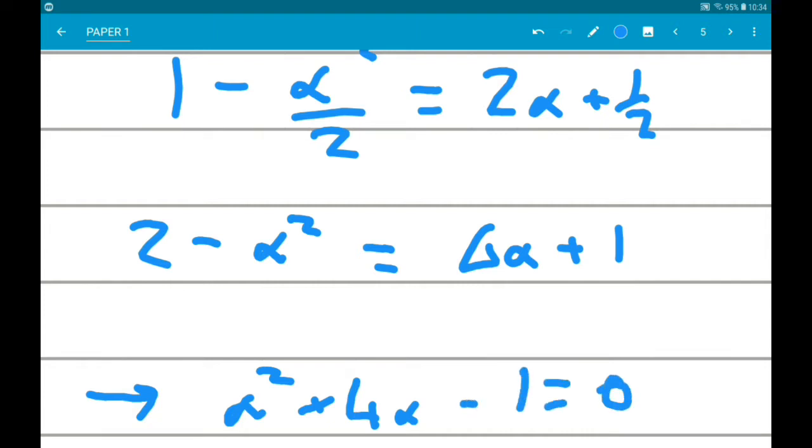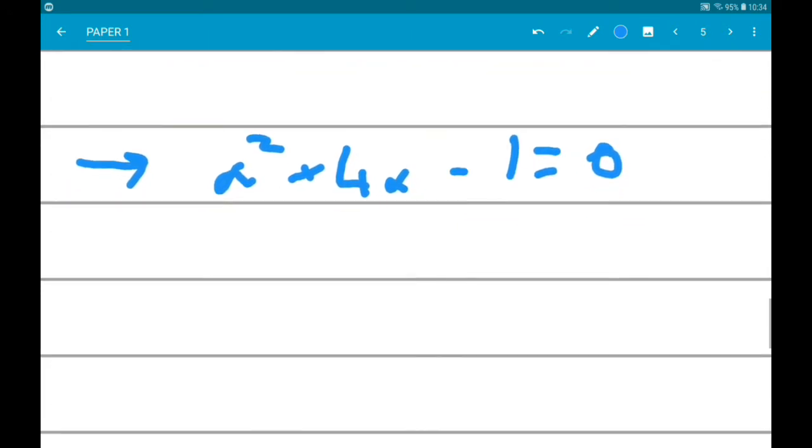Okay, now we need to use the quadratic formula. So alpha is minus b, so minus 4, plus or minus, although we can see that alpha will be positive because it's to the right of 0, so I'm only going to use plus.